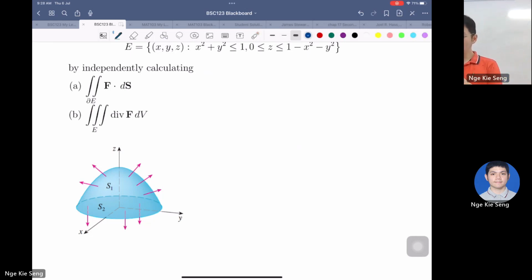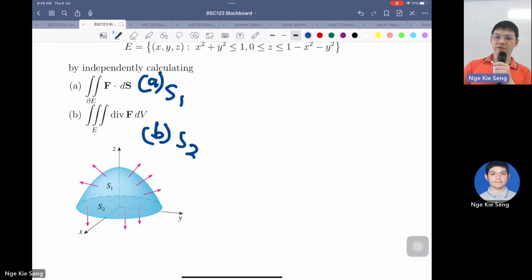So how do we parameterize the surface, right? So first we want to compute the surface integral. If you want to compute the surface integral, you need to parameterize your surface. Okay, so how many surfaces here? 2. Okay, S1 and S2. So S1 is what?